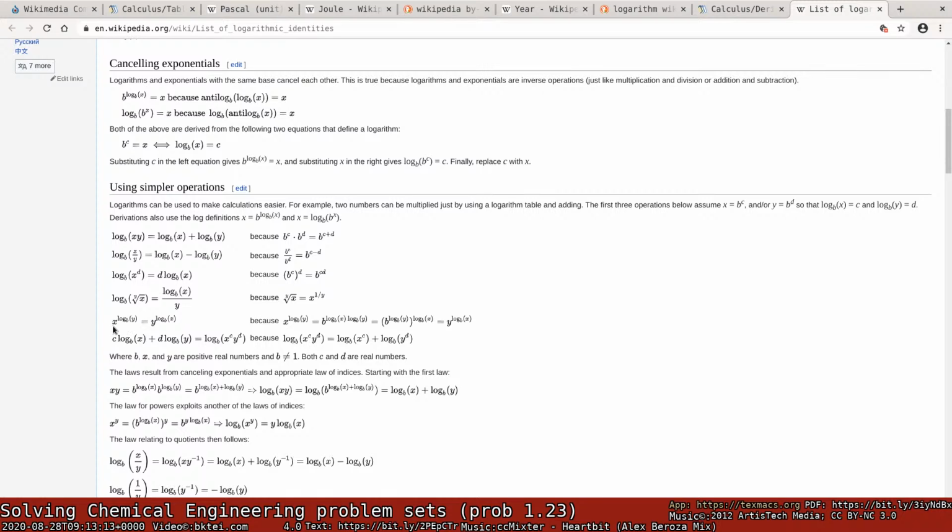That's weird. X raised to the log base b of y is equal to y raised to the log base b of x. Okay.